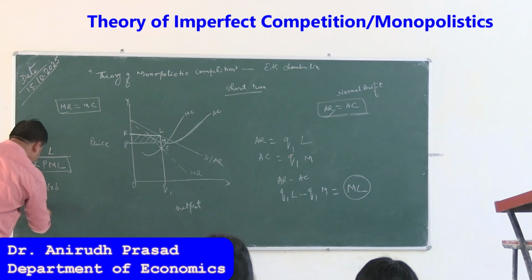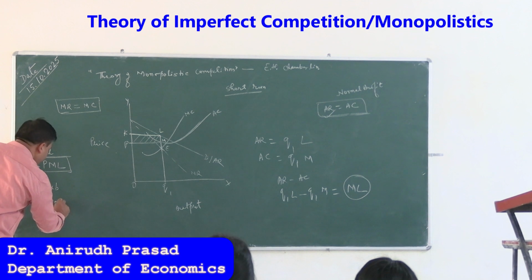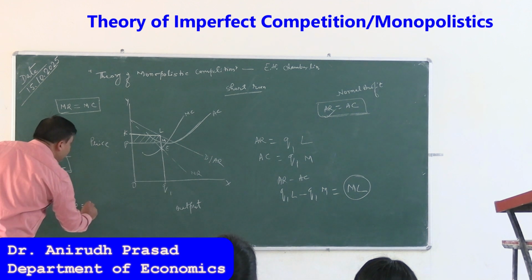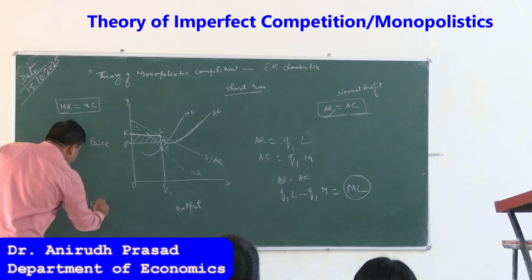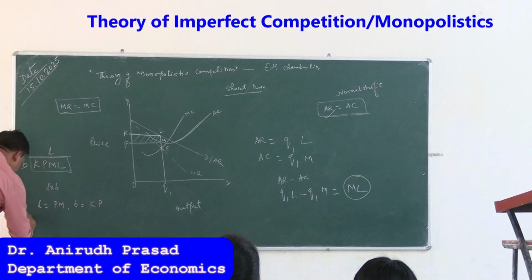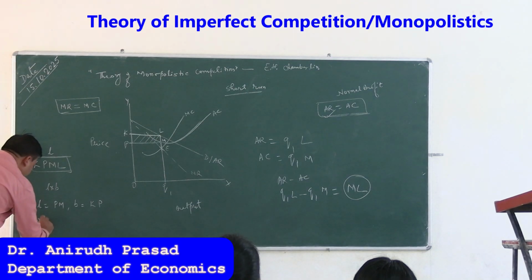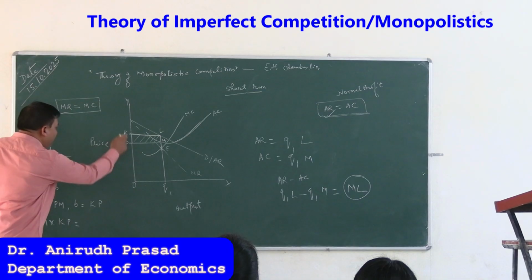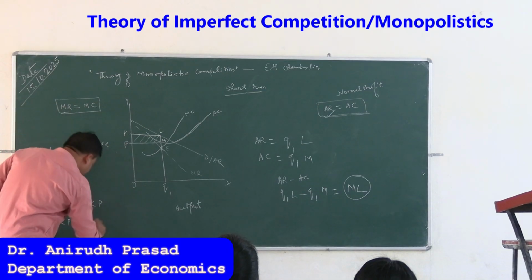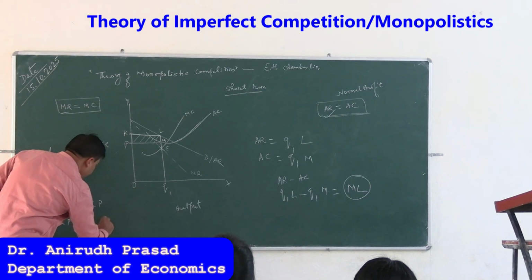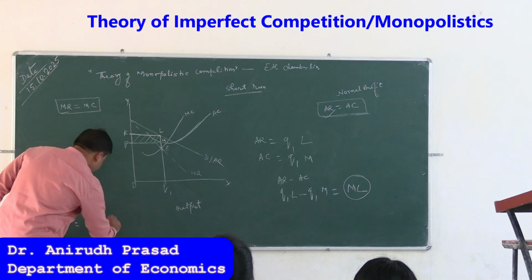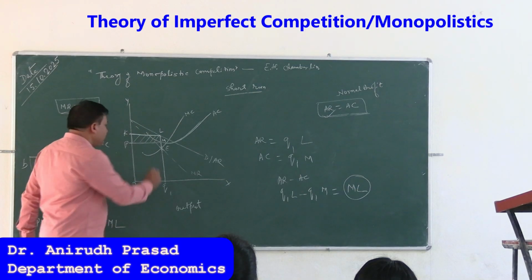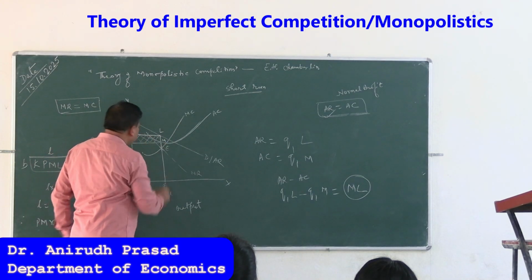Length is PM, and width is KP. Therefore, PM multiplied by KP, we will have the area of KPML. This is shown by shading.